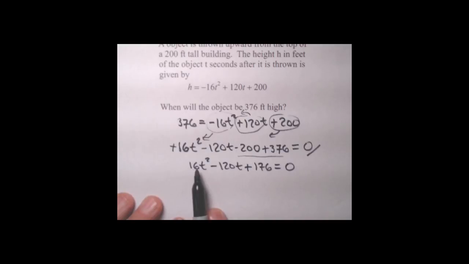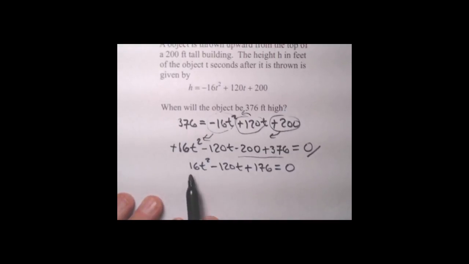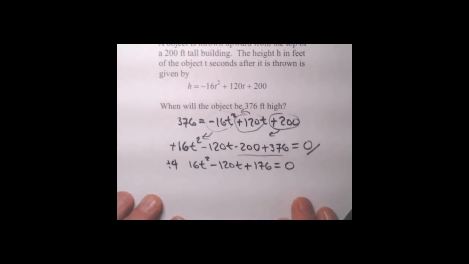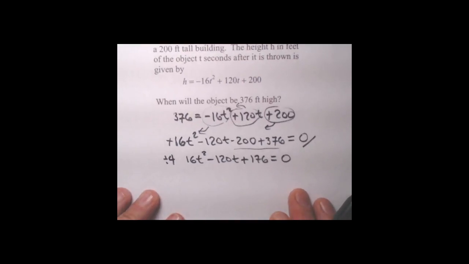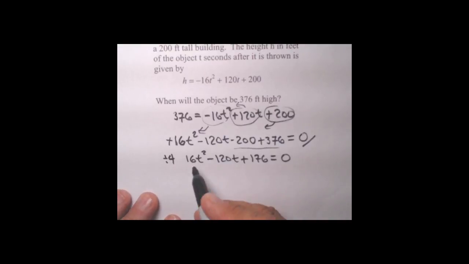It is an AC product because we don't have a nice 1 in front of our squared term. But the other thing we can do is try and simplify the numbers. I'm looking at this, and it looks like all of these guys are divisible by 4. So if I divide everybody by 4, each and every term all the way through, I'll get an equivalent equation, same answer, but it'll have smaller numbers.